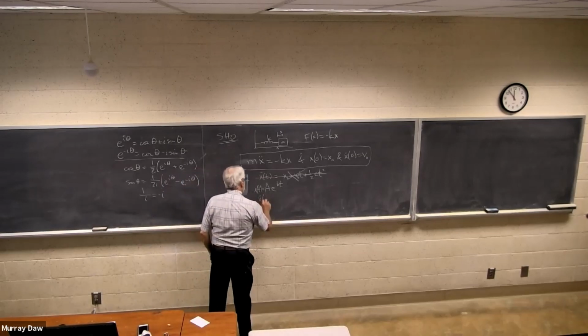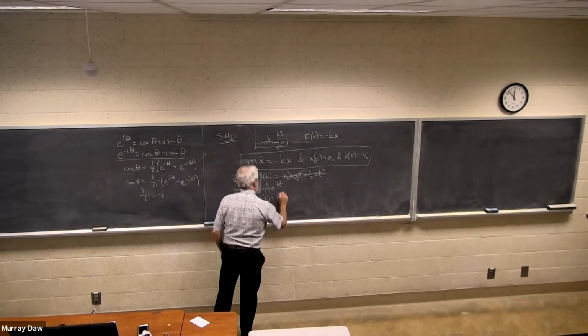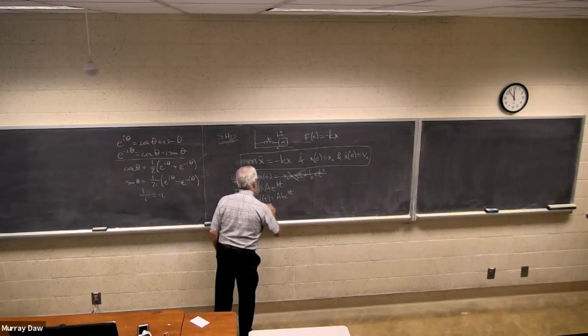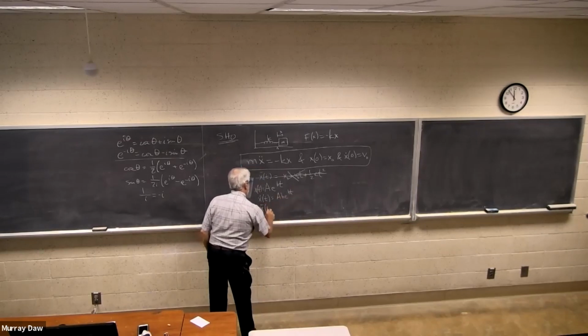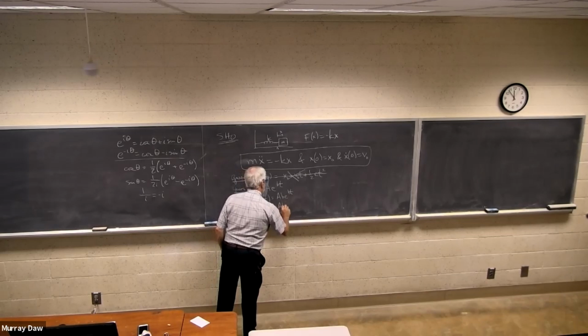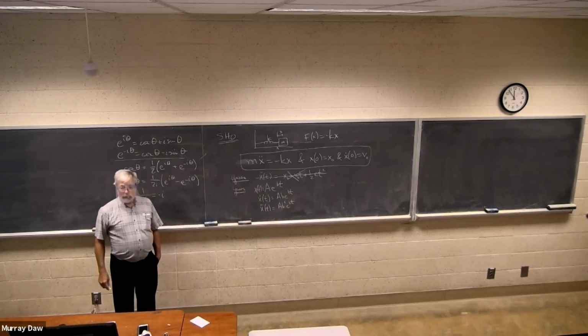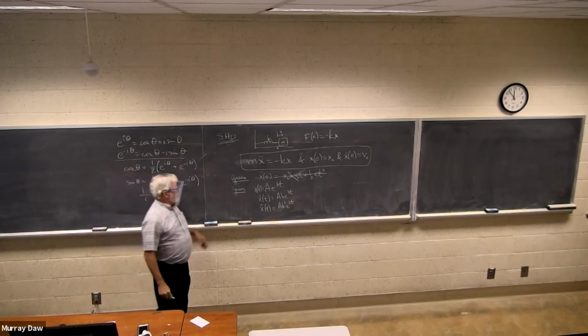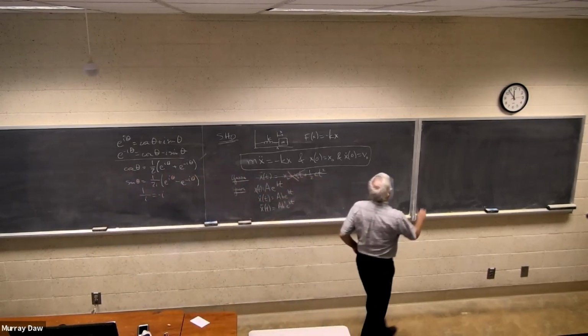So x dot is a b e to the b t. x double dot is a b squared e to the b t. Okay, it's looking promising now. Let's substitute x double dot and x of t.